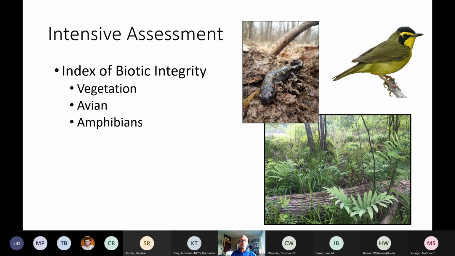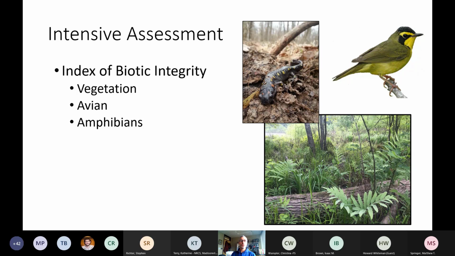So the intensive method approach that we developed were indexes of biotic integrity. Many of you might be familiar with these for fish and streams. In wetlands, it turns out that the taxonomic group best for IBIs is vegetation. And then we also developed IBIs for avian and amphibian communities.